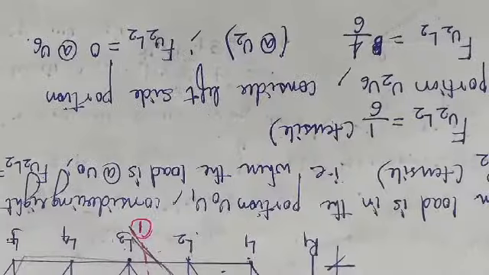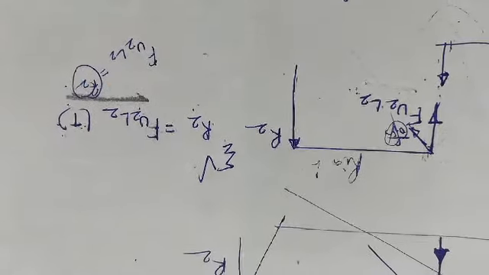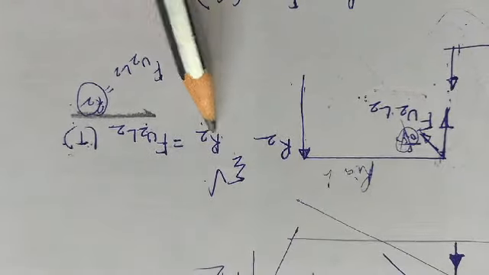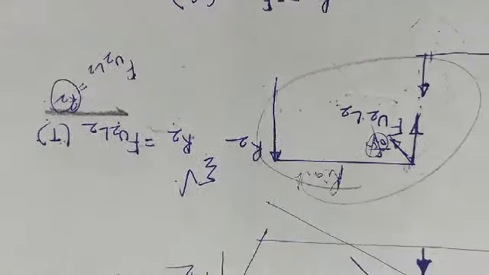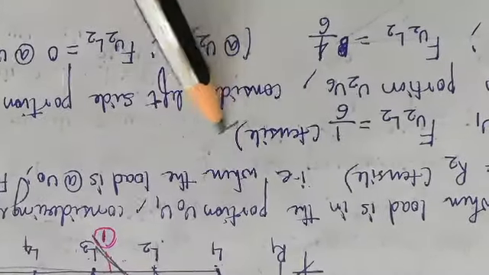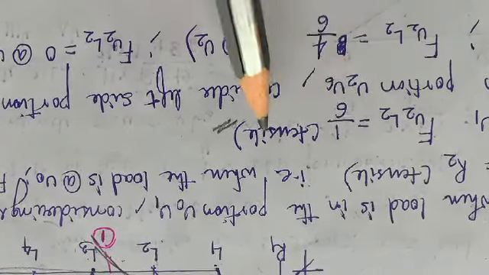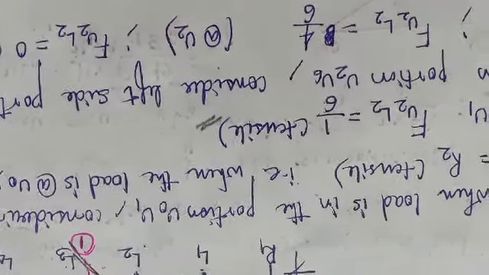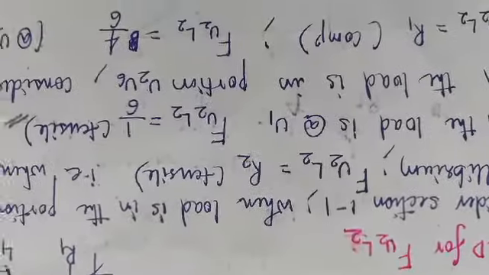And this is tensile. How is it tensile? We did the analysis of the equilibrium over here. This is the analysis part for getting your positive or negative forces. That's why you get the force in U2 L2 equal to 1/6 when the load is at U1.